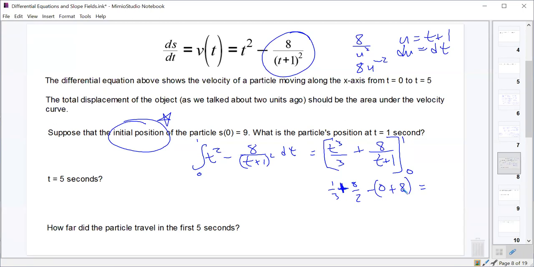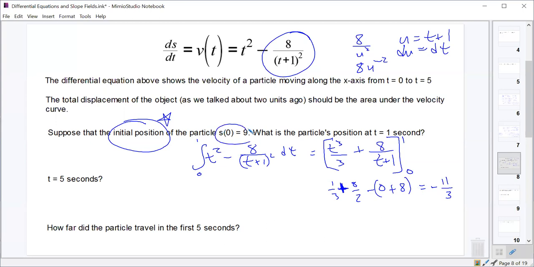Should be 1/3 minus 4. What's 1/3 minus 4? -11/3. So it's moved -11/3 units to the left.